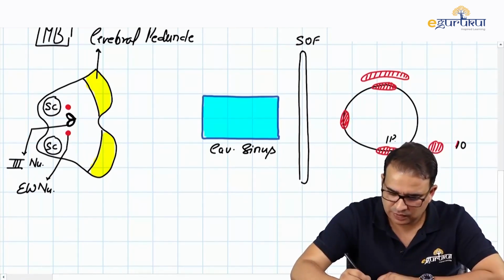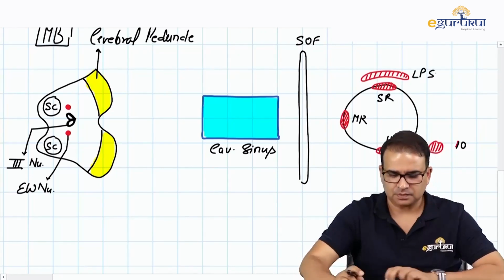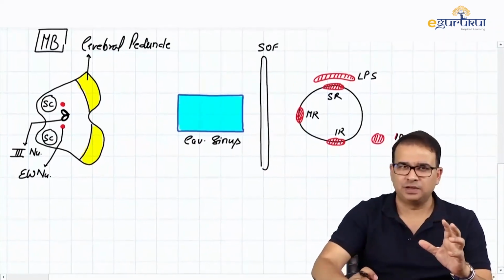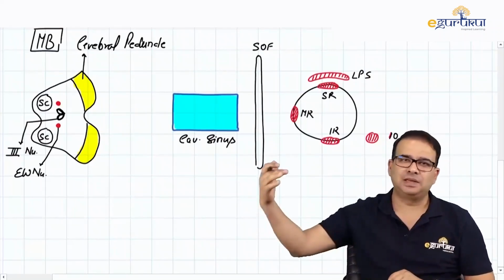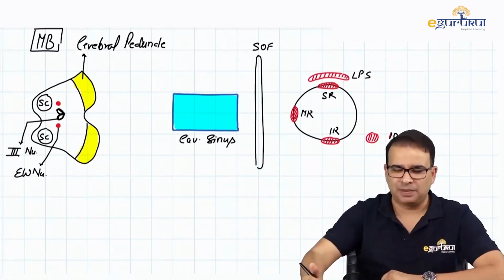Inferior oblique, inferior rectus, medial rectus, superior rectus and LPS. That's more or less the kind of plot we'll need for other nerves also. We'll look at the brainstem, then the cavernous sinus, then the superior orbital fissure, and ultimately get inside the orbit to supply the respective muscles.